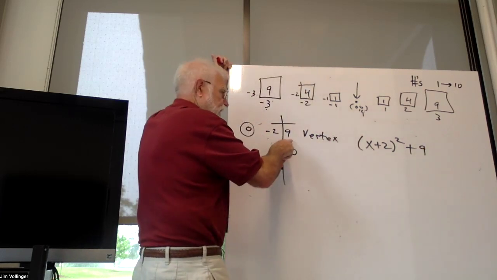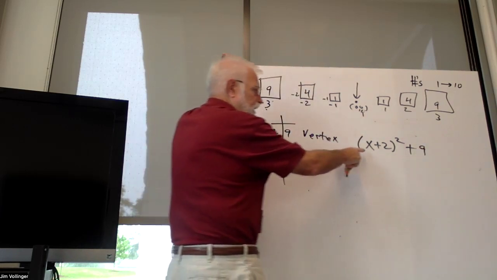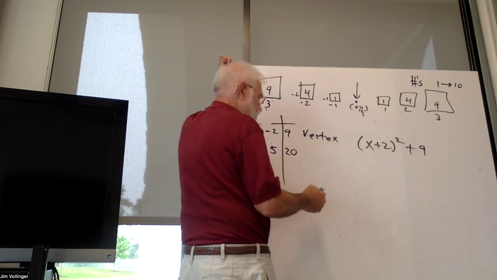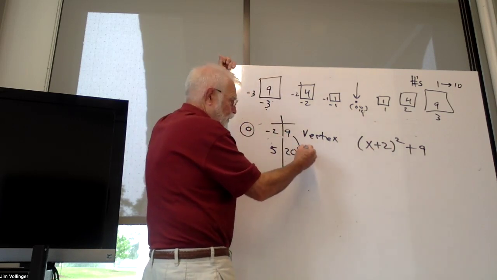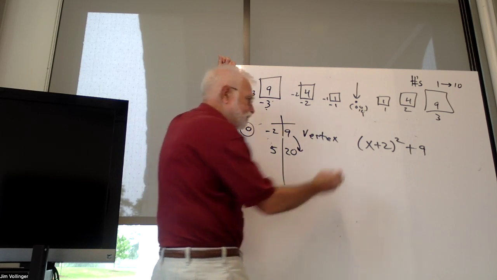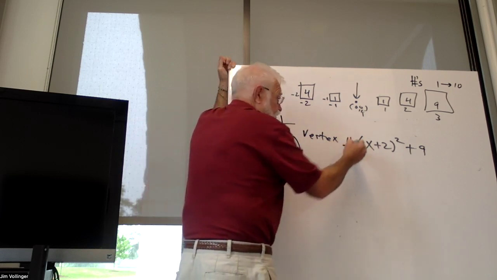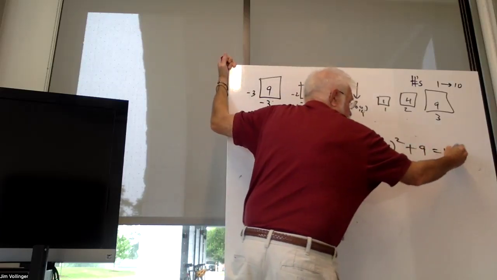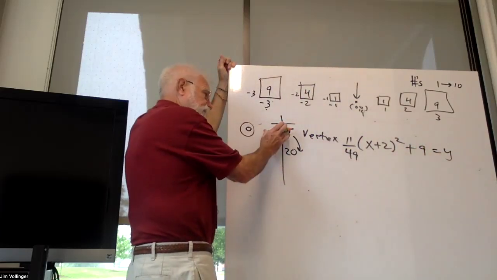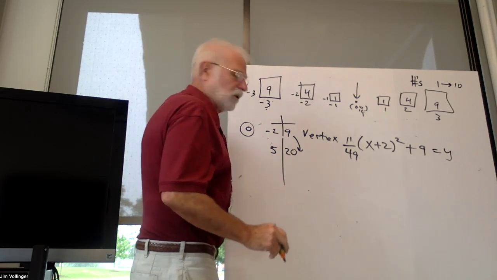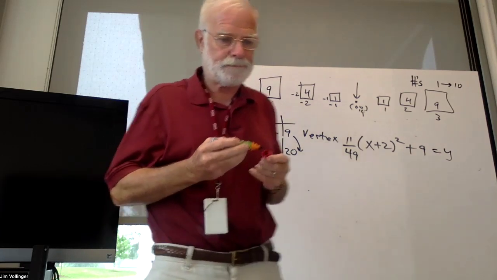That nails the vertex. I put a 5 in, I get 49 units of change. I don't think that's 49 units of change. Nope. I think that's just 11 units of change. And there is our calculation. This vertex is -2, 9, but also passes through the point 5, 20.